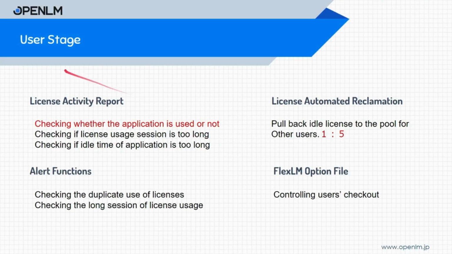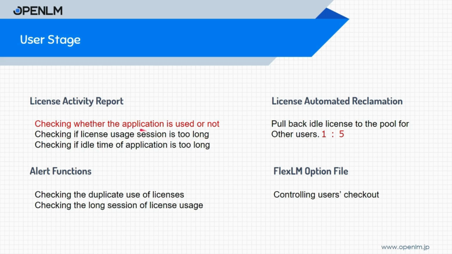Next, I would like to dive into user stage in details. Talking about the license activity report, you can check whether the application is used or not. This could be good for checking a standalone application like Adobe Photoshop or Illustrator. Then check if a license usage session is too long.